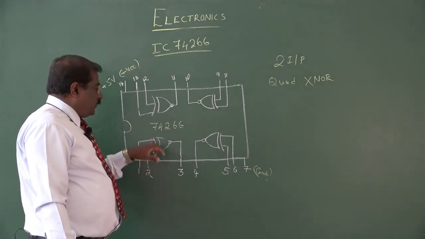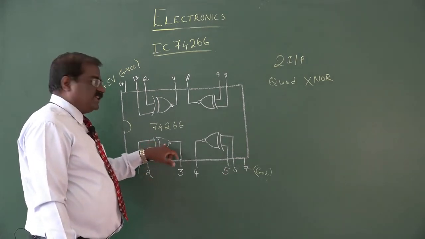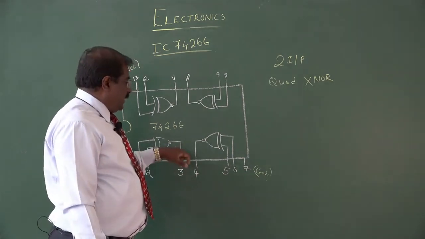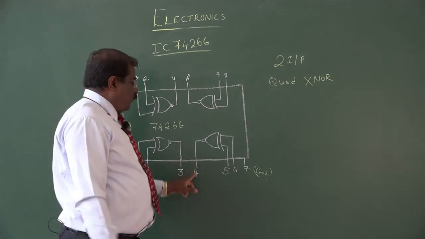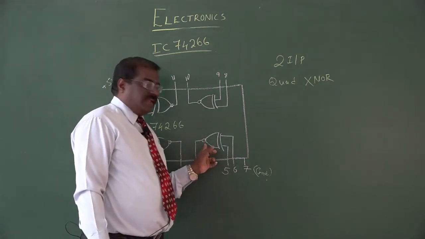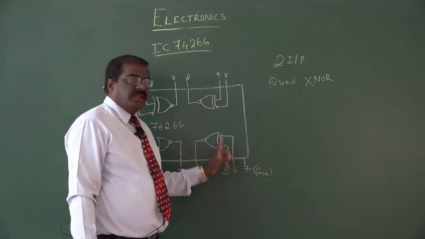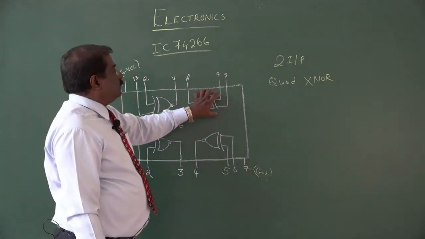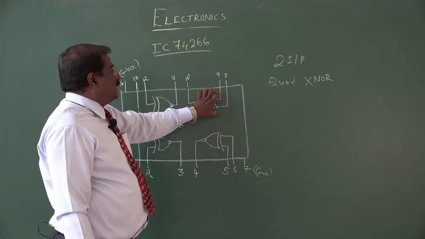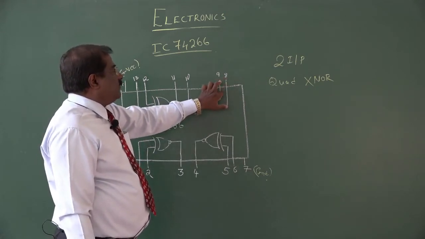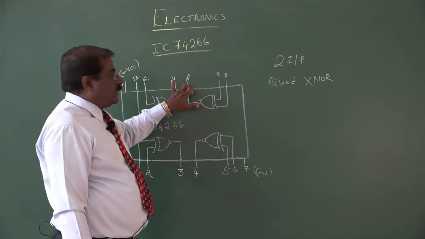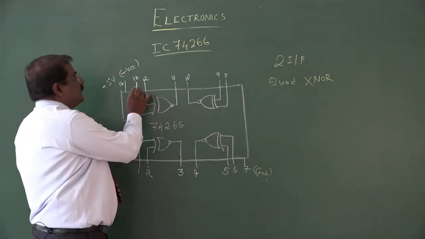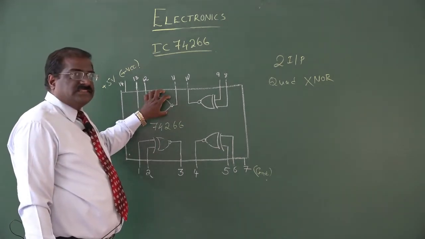So 1, 2 will be the input of the first XNOR gate, pin number 3 will be the output of the first XNOR gate, 4 will be the output of the second XNOR gate, 5, 6 will be the input for the second XNOR gate. 7 is ground. Then the third XNOR gate, 8 and 9 will be the input, 10 will be the output, 11 will be the output, 12, 13 will be the input for the 4th XNOR gate.